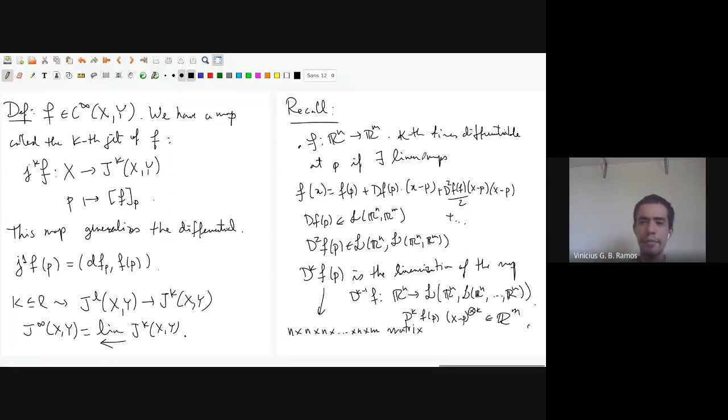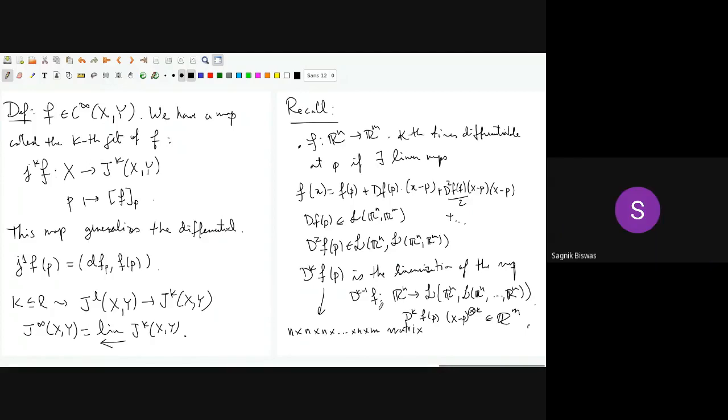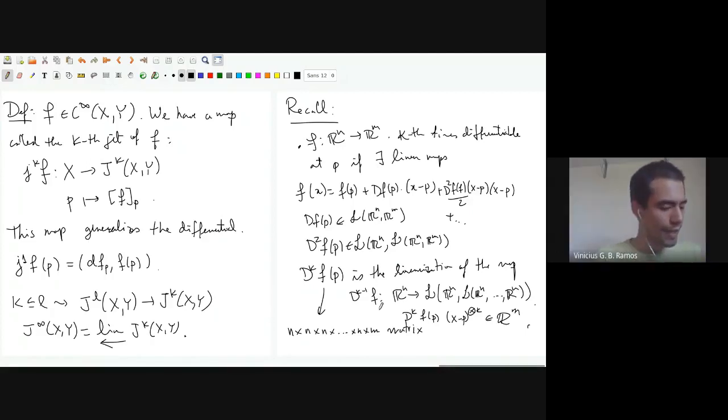Sorry, I wrote it in a sloppy way, but do you understand? Can you fill in the details? Yes, I will fill in the details. Great. If you don't want to talk about these kinds of maps, you can write everything with partial derivatives, but it's a huge mess to write it all up. But you can.